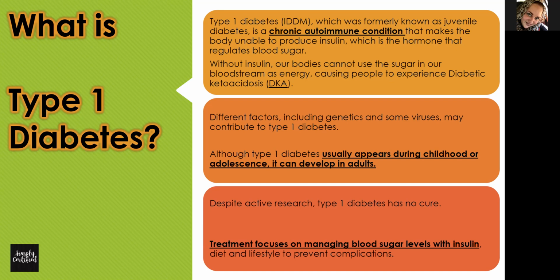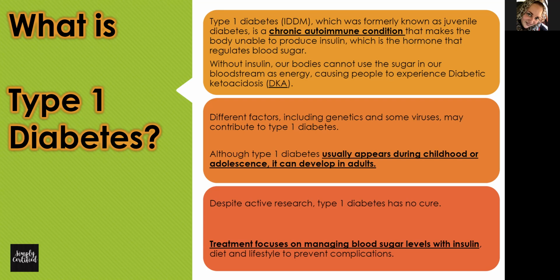Even though it usually comes on in childhood, you can develop it as an adult or even a teenager. You can get type 1 diabetes at any time of your life, right? There is a lot of research going on about a cure for type 1 diabetes, but as of right now, there is no cure.